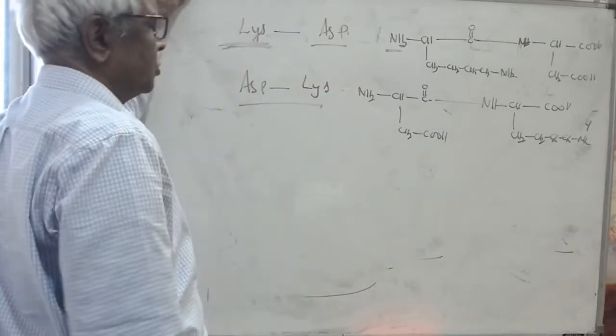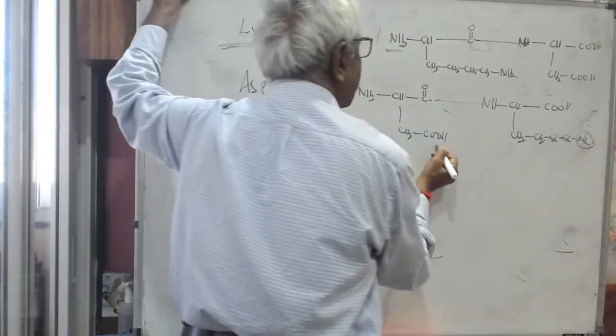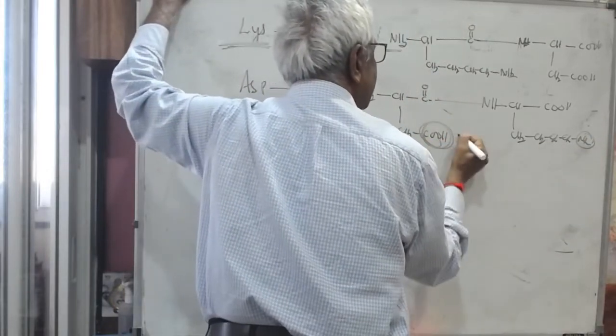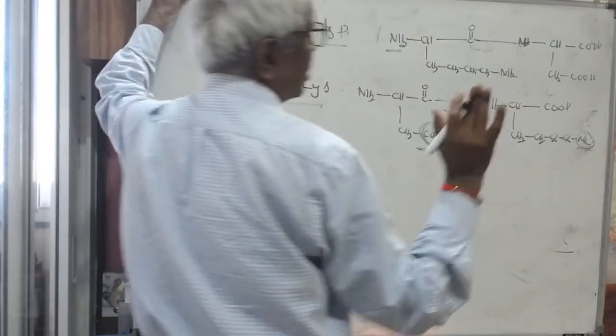So you should understand what you should not use. Carboxylic acid should not be used while forming. Now this COOH and this NH2 should not be used.